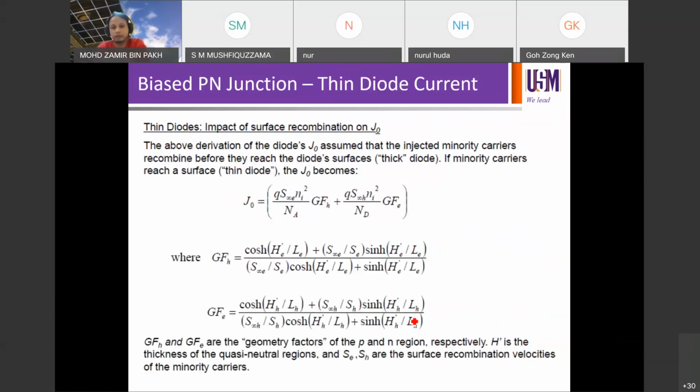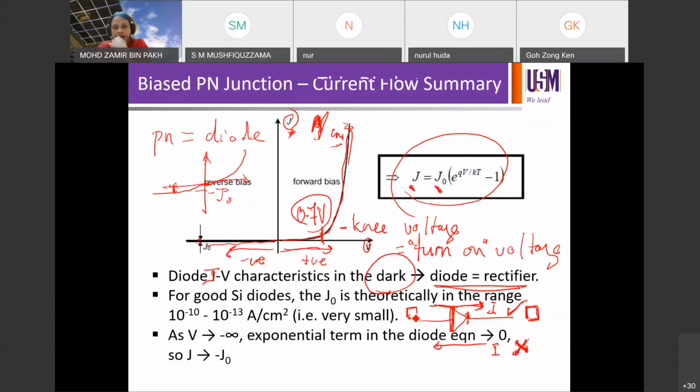I'm talking about the voltage. So are we forward biasing or reverse biasing the junction? Are you sure, Haziq? Forward or reverse? Many say forward, some say reverse. Not sure. You have to recall electronics.